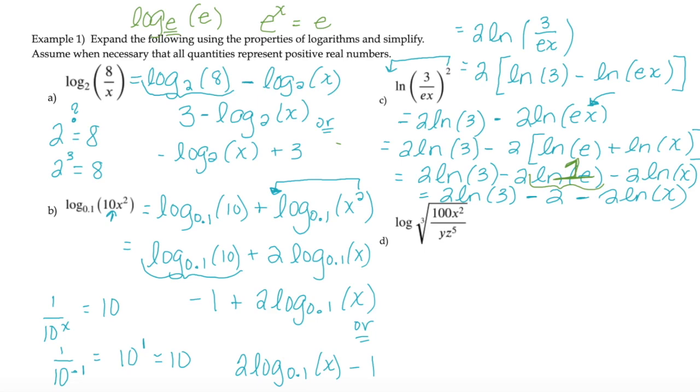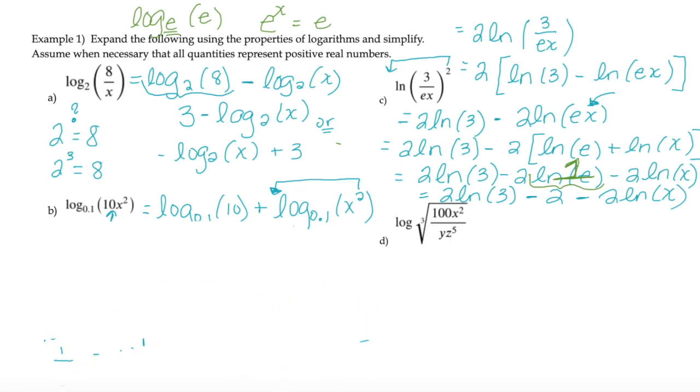So hang with me. I'm also going to erase some stuff here so that I have more room to write if we need it. I should have allowed myself more room, and I'll just change my color so it's easier to see. I'm going to rewrite my radical first because that's the outermost piece that we have. We know that all of this here is to the first power.